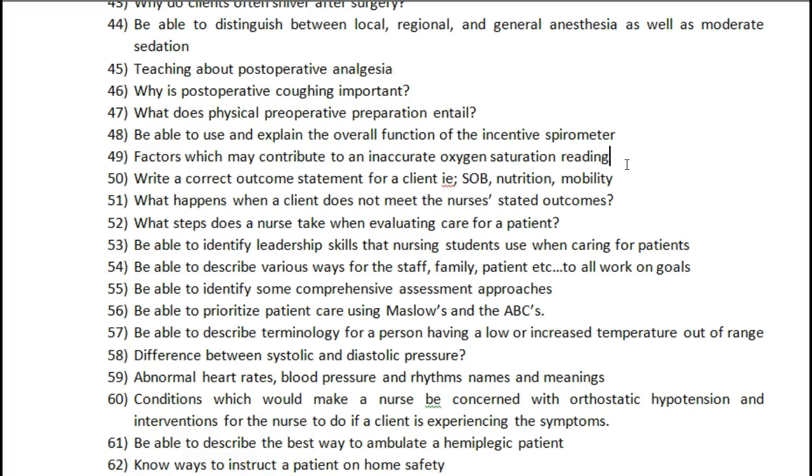It needs to focus right on the patient, and you need to be able to evaluate it. The reason is that if you don't meet your outcome, you might need to lessen or change it. It may not be totally realistic for that person. So it needs to be patient-centered.